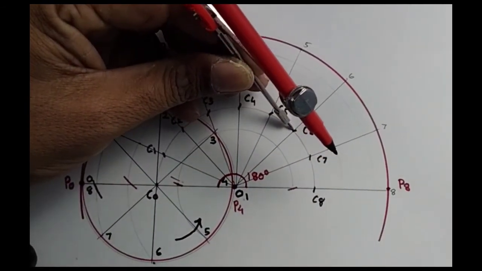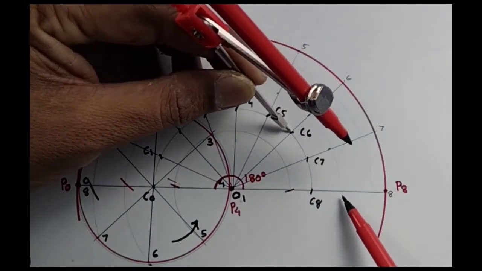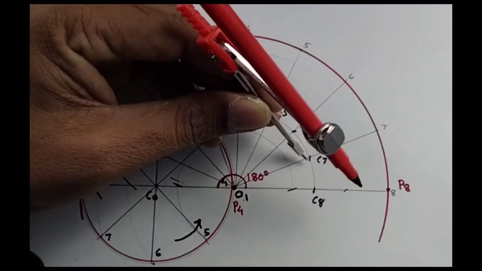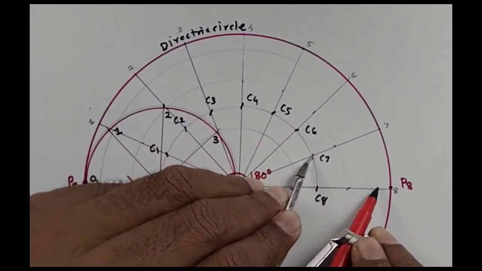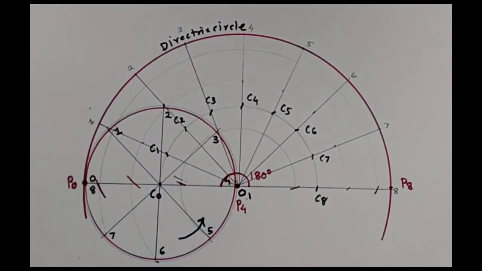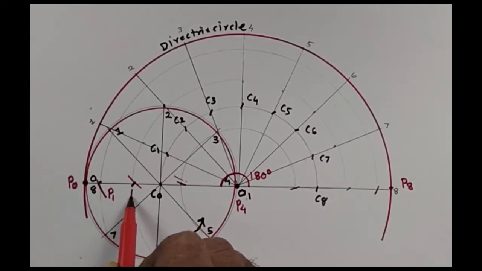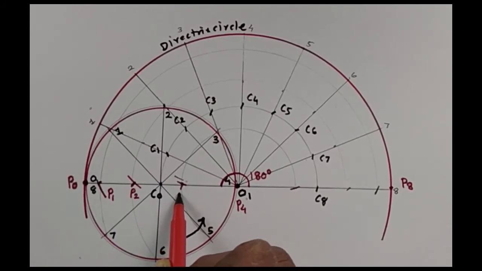Then keeping C6 as center, I draw the arc on the 2 6 circle. So it is exactly here. Then with C7 center, I draw the arc on the 7 number circle. So it is exactly cut here. So when the rolling circle dimension is half of the directing circle and you construct the hypocycloid, it is always horizontal.